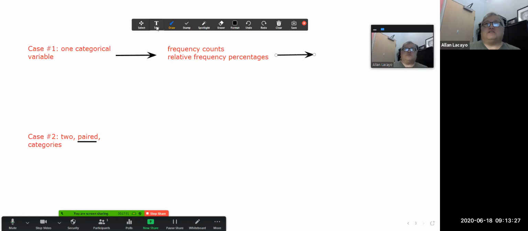Usually we use pie charts when the data are nominal. But if the data are ordinal, we use bar graphs, because then we can use the horizontal axis to maintain the order of the categorizations. So this is how we describe and this is how we display.